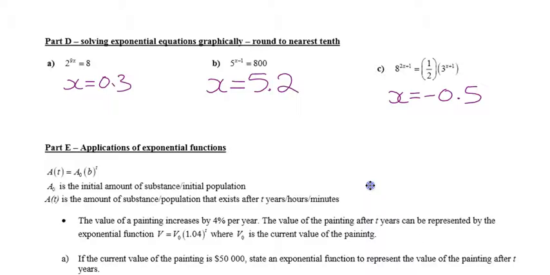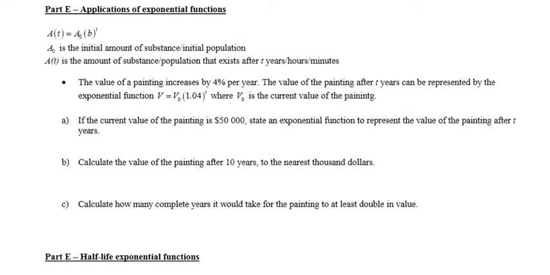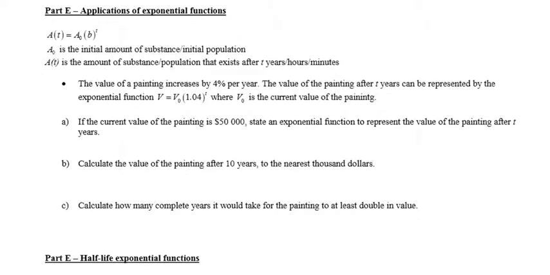Oh, good, writing went away too. Part E, applications of exponential function. Yes, these are actually used in real life. Here's an application. A at t. This is how we read it. It's the amount as a function of time, and it's read A at t, or A of t, is equal to A sub 0, which we usually call A naught.